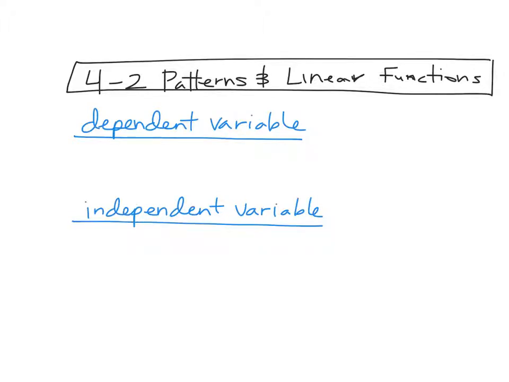It's a letter that's just a placeholder for a number, right? So, dependent versus independent. What is independence? Stands alone. Okay, someone who is independent can stand on their own. Yeah, it's true.